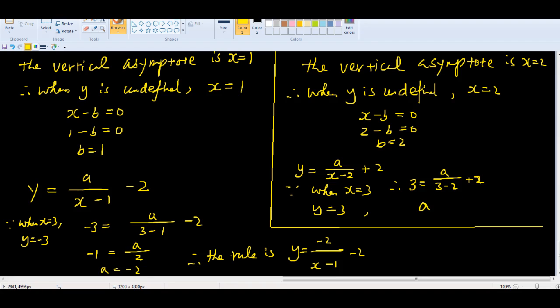Okay, solving this, you will find a equals 1. Alright, so in the end, the equation would be y equals 1 over x minus 2 plus 2.